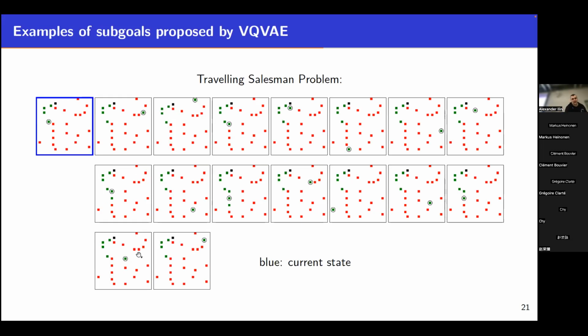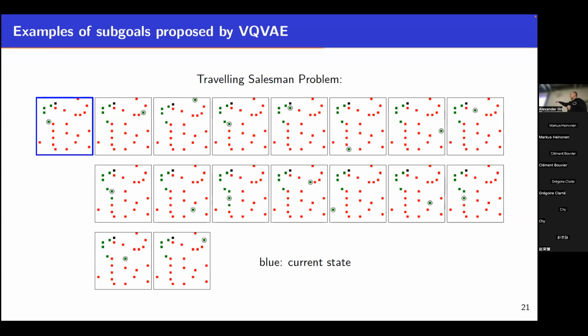You see that the agent is currently at this city, and different subgoals correspond to visiting one of the unvisited cities. In order to reach any of these subgoals, the low-level agent has to perform multiple steps. But we skip those steps and immediately think, what could be the next city that we could visit?